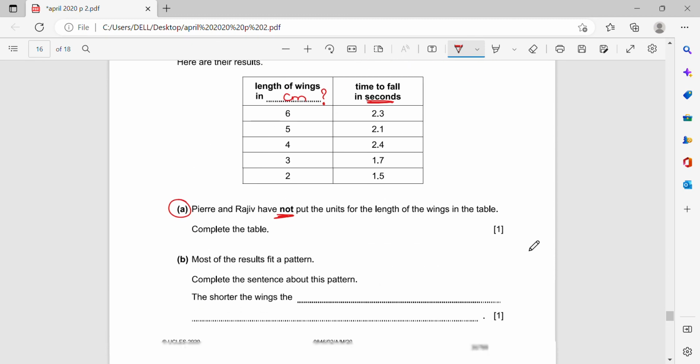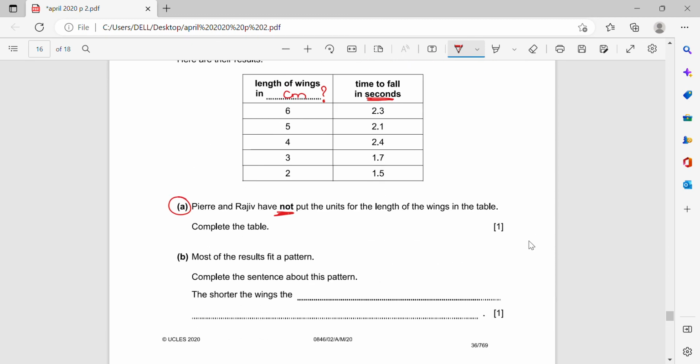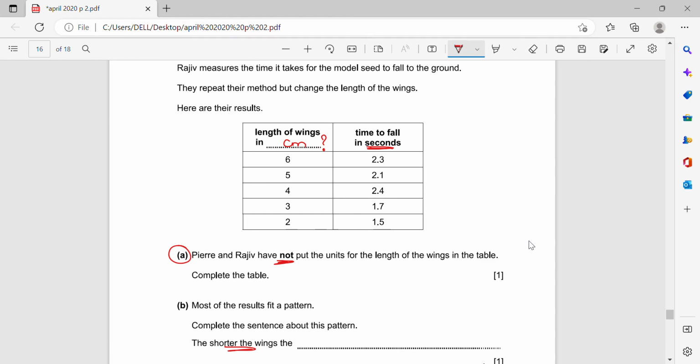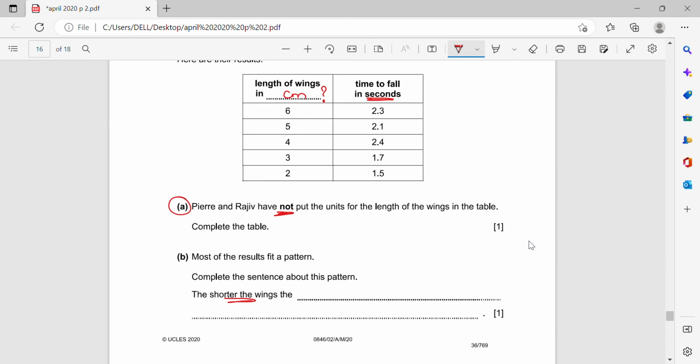Question B. Most of the results fit a pattern. Complete the sentence about this pattern. The shorter the wings. Let's look at the pattern. The wings here are 2 centimeters, 3, 4, 5 and 6. When it was 2 centimeters, I had 1.5 seconds to fall. Then 1.7 to fall. So what is happening here?